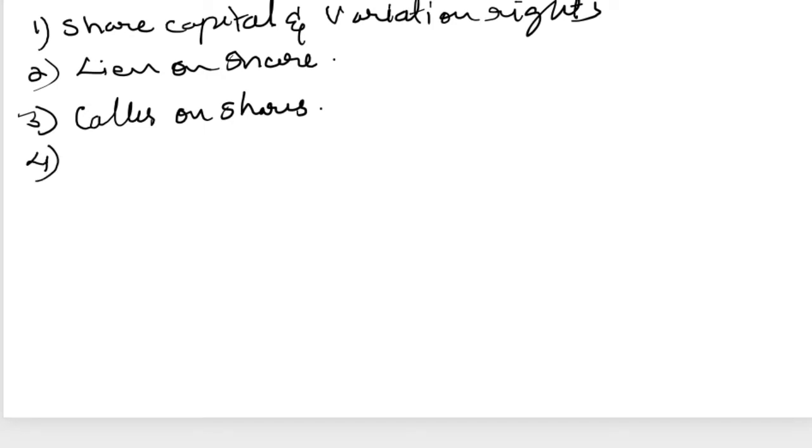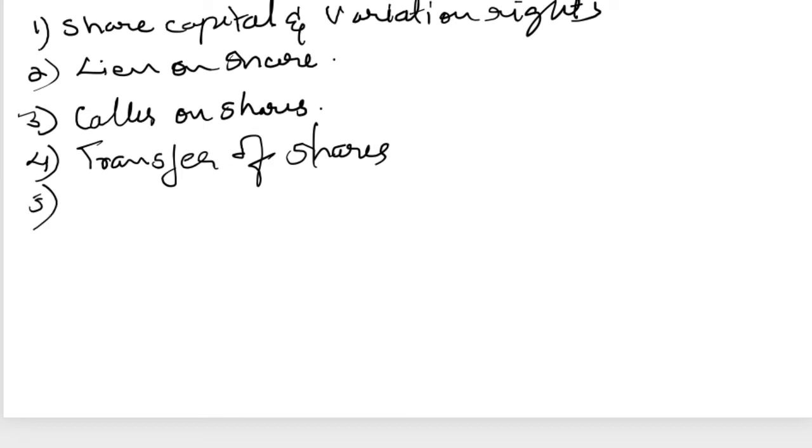Next is the process of transfer of shares. Is there any problem, with a public company or private company, whatever it is, for the transfer of shares? That should be mentioned. The fifth one is transmission of shares.